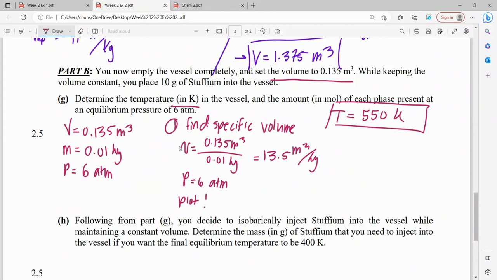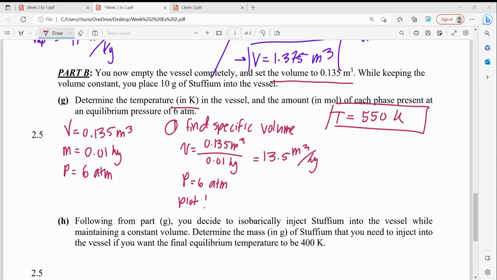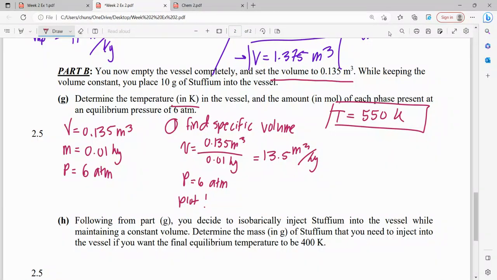And calculate the amount of each phase present. So how would we do that? So single component diagrams, what we can just do, we know that molar mass is equal to mass over moles. So that means if we want to find moles, we could take our mass over our molar mass.